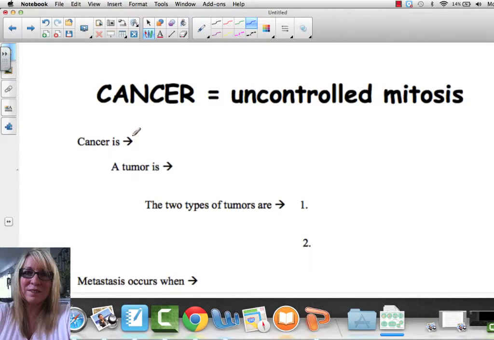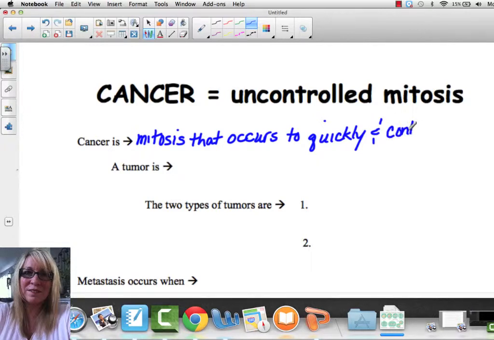So cancer is mitosis that occurs too quickly and continues when cells don't need to be copied. So it's kind of like an uncontrolled chain reaction.